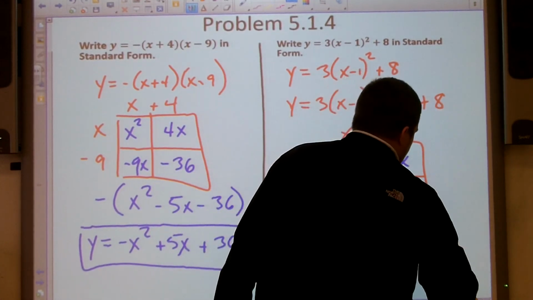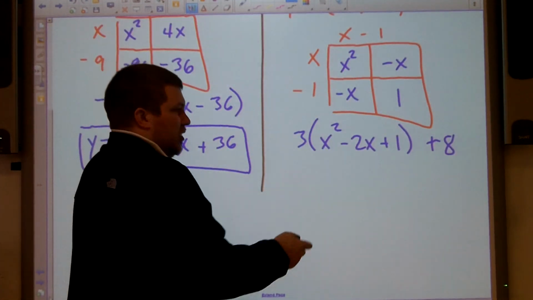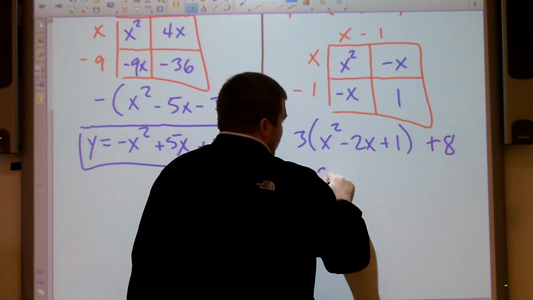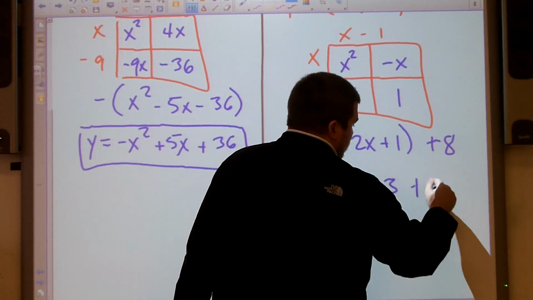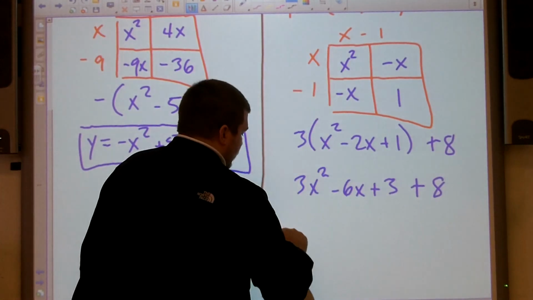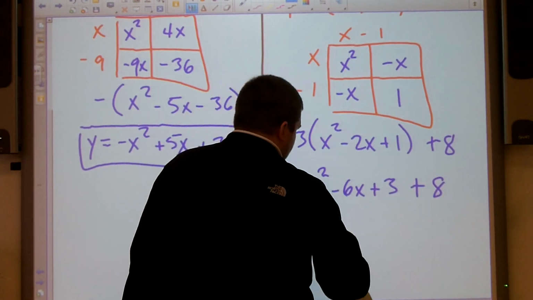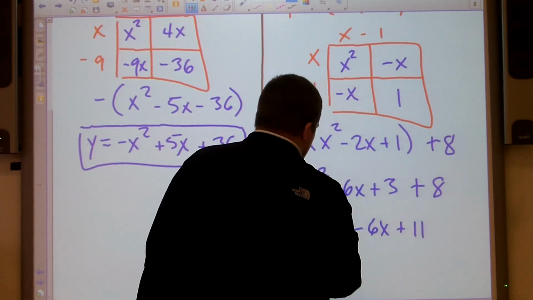Then on the outside I have plus 8. Okay? Now I'm going to go ahead and distribute the 3 just like I promised. So we end up with 3x squared minus 6x plus 3. And then this plus 8 is just going to come down. So our final answer, just going to combine my two constants. So y equals 3x squared minus 6x plus 11.